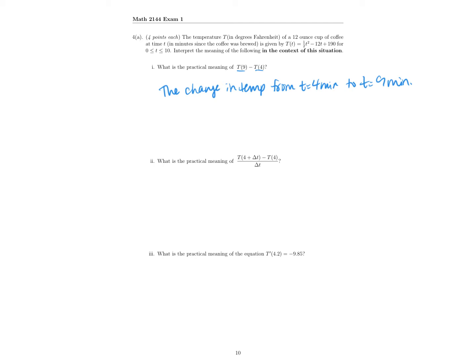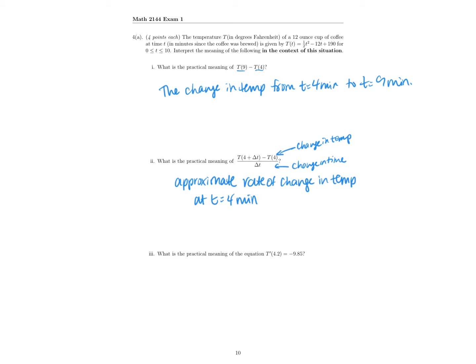So this would be the approximate rate of change. On top here is the change in temperature, and this is the change in time. So this is the approximate rate of change in temperature at t equals 4 minutes.